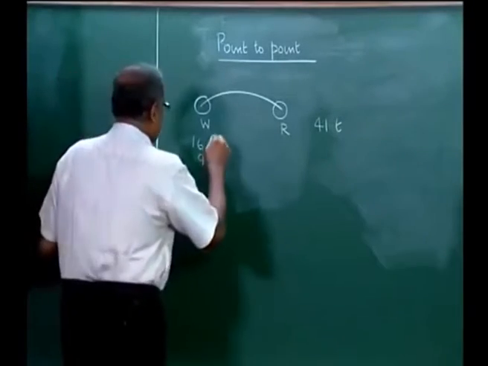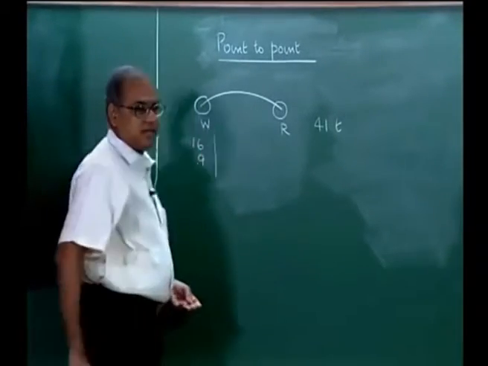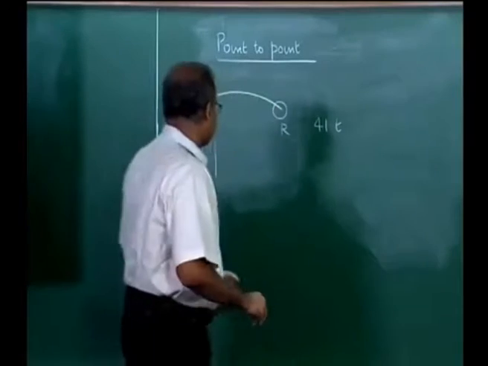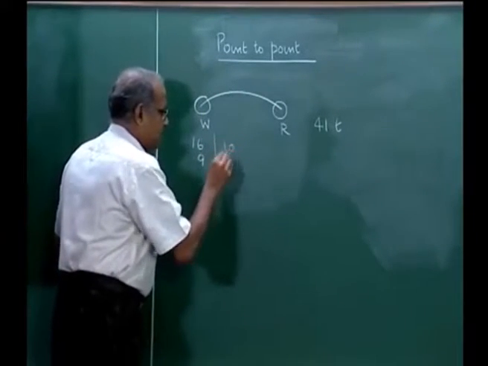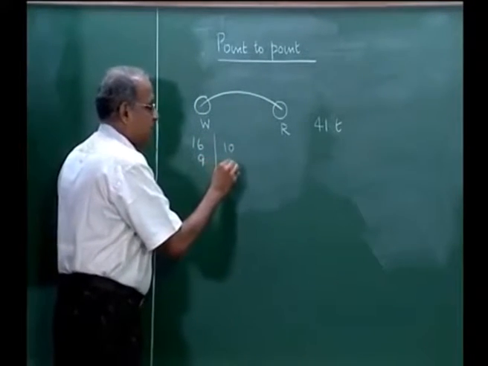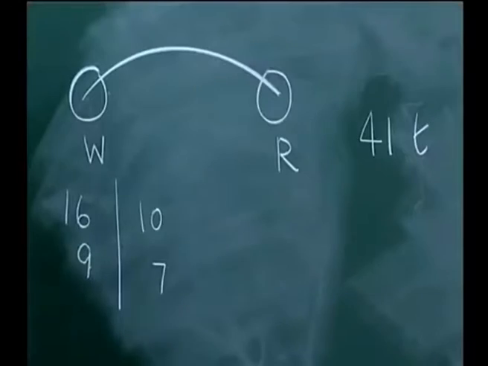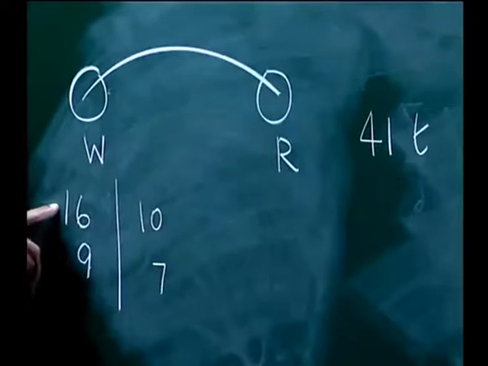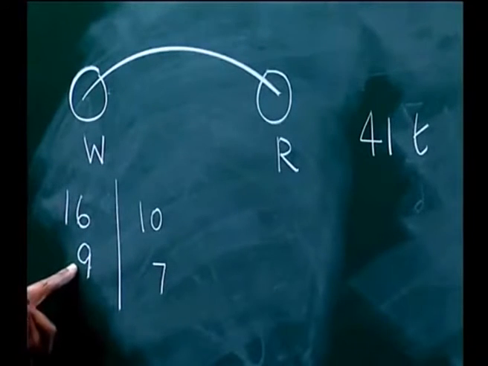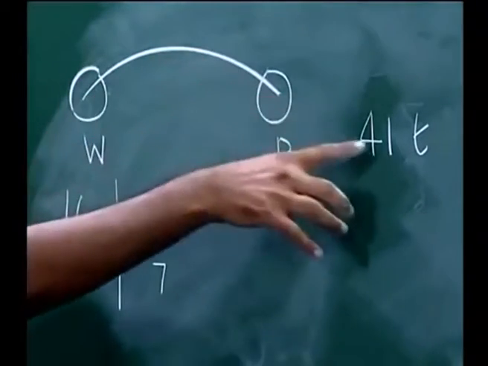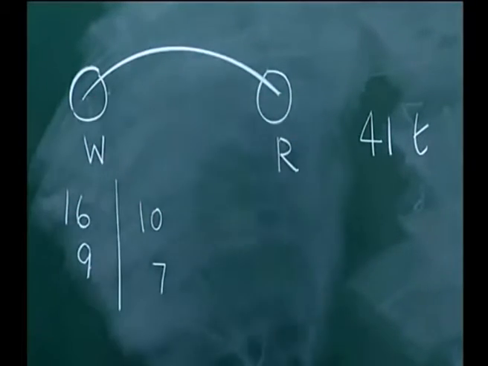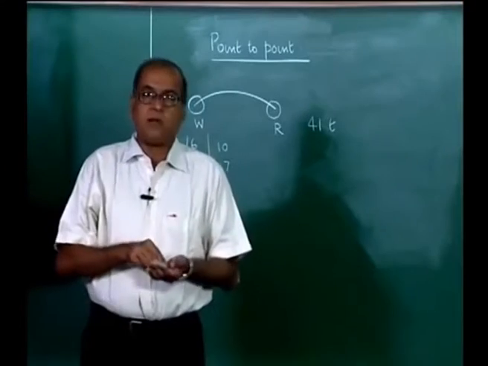Now the cost of hiring and using this is 10 and the cost of hiring and using this per truck is 7. So the question boils down to how many of these trucks do we take, such that we are able to transport the 41 tons and we are able to do it with minimum cost.